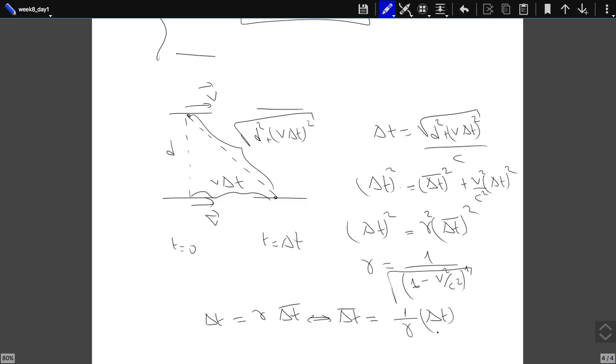Well, that's what I have over here. But you see here I have the squares. That's why I have gamma squared, with 1 minus v squared over c squared under the square root. This is 1 over gamma squared.